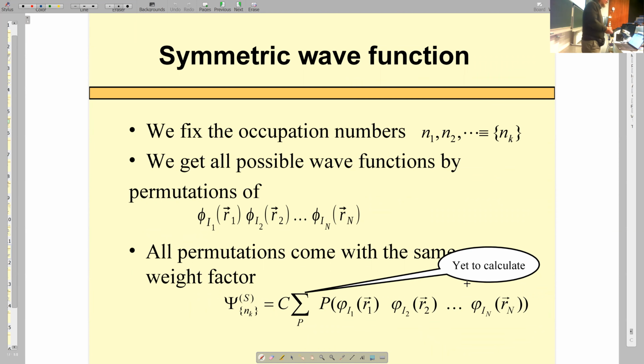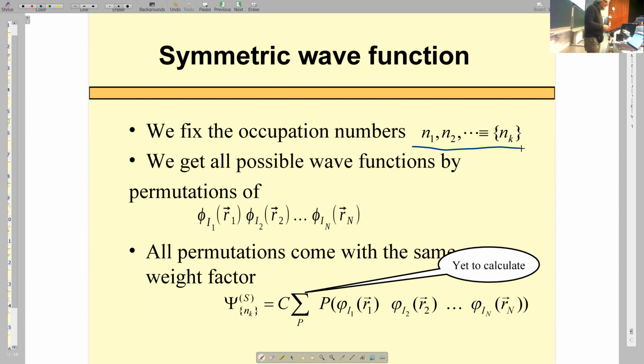First, symmetric; it doesn't differ from antisymmetric very much, but it is still a distinct process. To start with, we fix occupation numbers. We know that all states with the same occupation numbers have the same energy, so we are going to lift the degeneracy of the state.